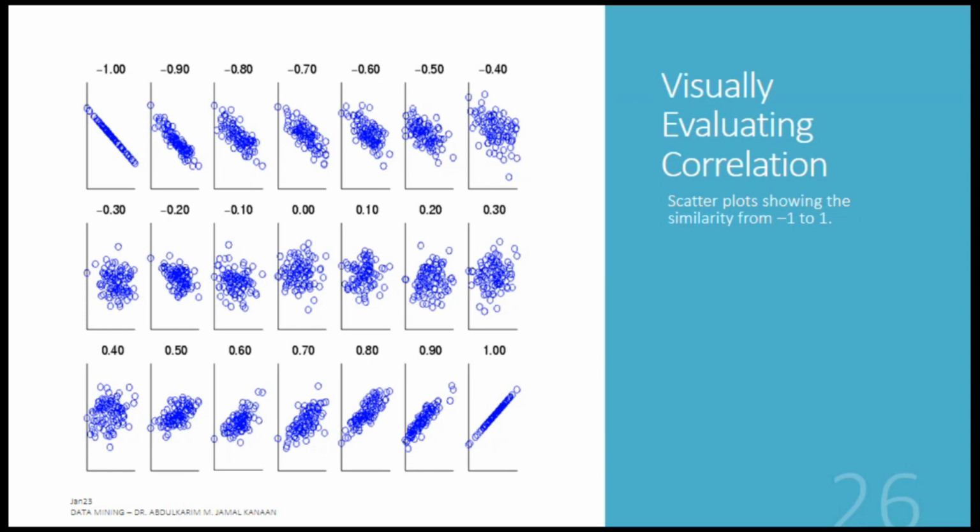If we wish to find out whether there's a correlation or not, we can apply correlation. There is a calculation you can apply. The value of correlation, as we said, should be between -1 and 1. Then it will tell us how these two objects are correlated to each other.